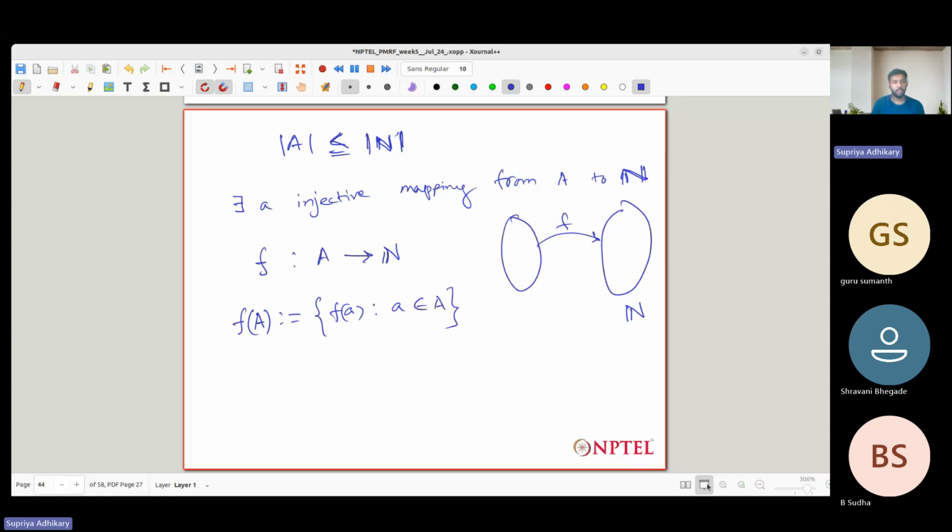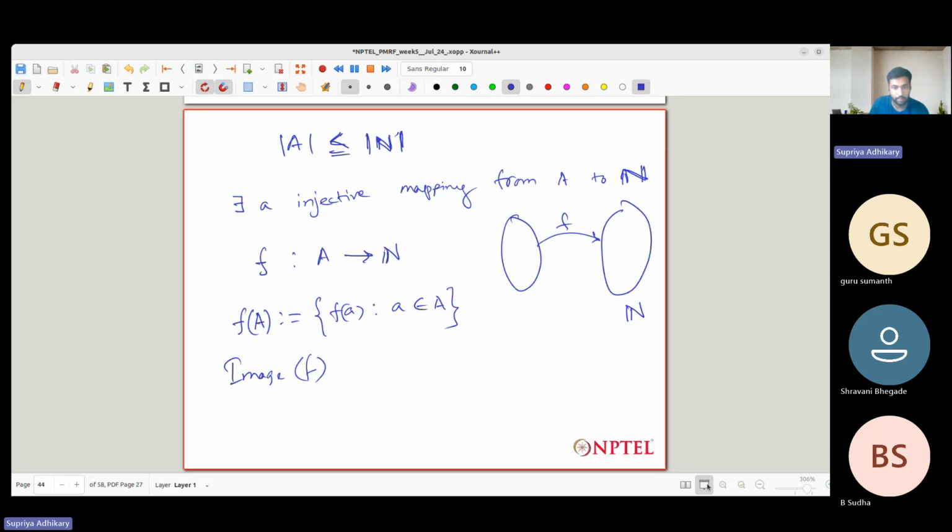So this is called the image set. Instead of writing f of A, we can also write it as the image set of f. Now, all these elements of f of A are mapping into the natural number set.